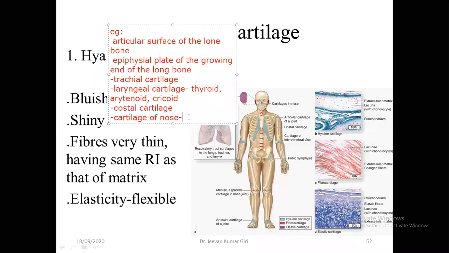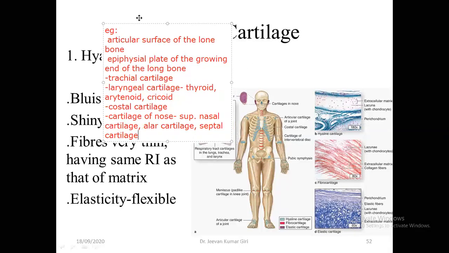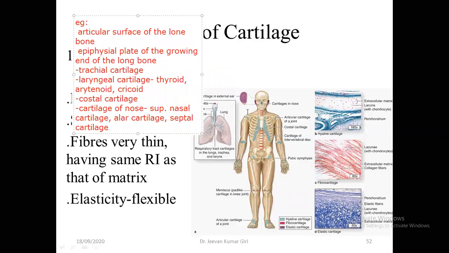The names are superior nasal cartilage, inferior nasal cartilage, then the alar cartilage, which means greater alar and lesser alar, and then the septal cartilage. These are a few examples of the hyaline cartilage present in your body.